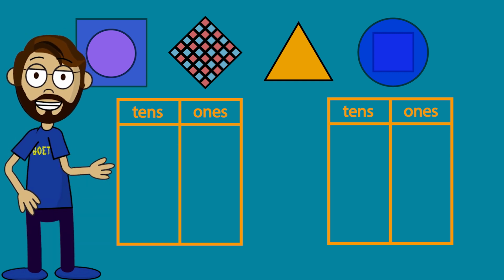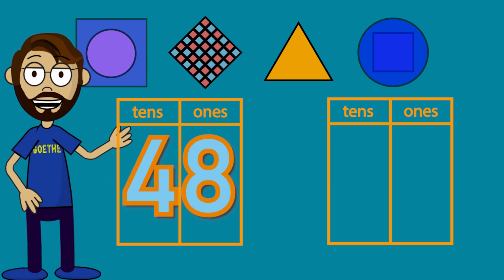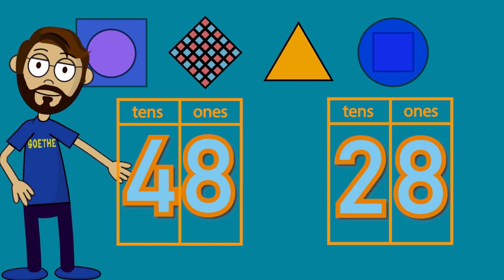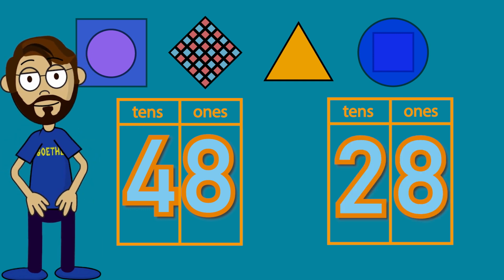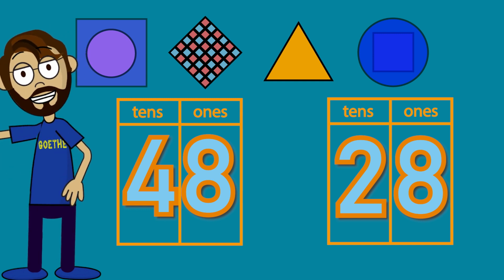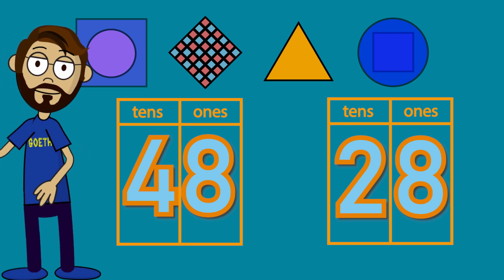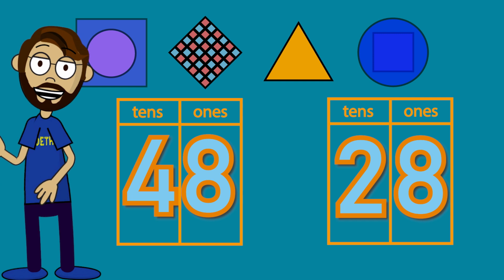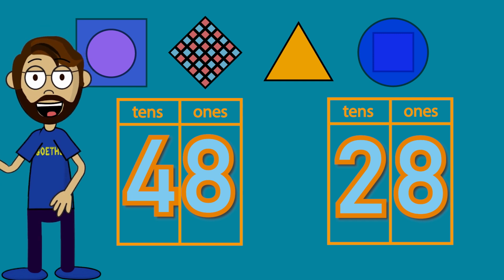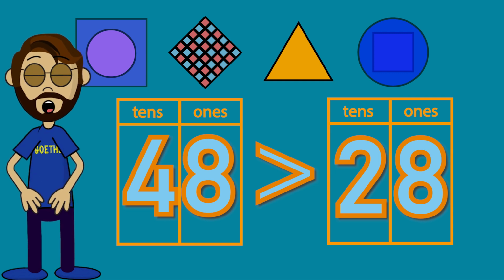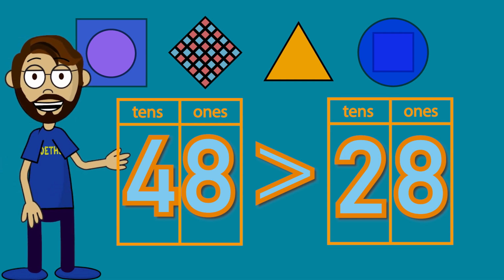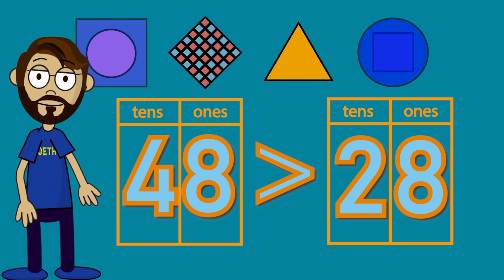The next question asks, what is greater, 48 or 28? Let's think about it. So 48 has 4 tens and 28 has 2 tens. 48 has 2 more tens than 28, so it's a bigger number. The alligator eats 48 and the bird eats 28.